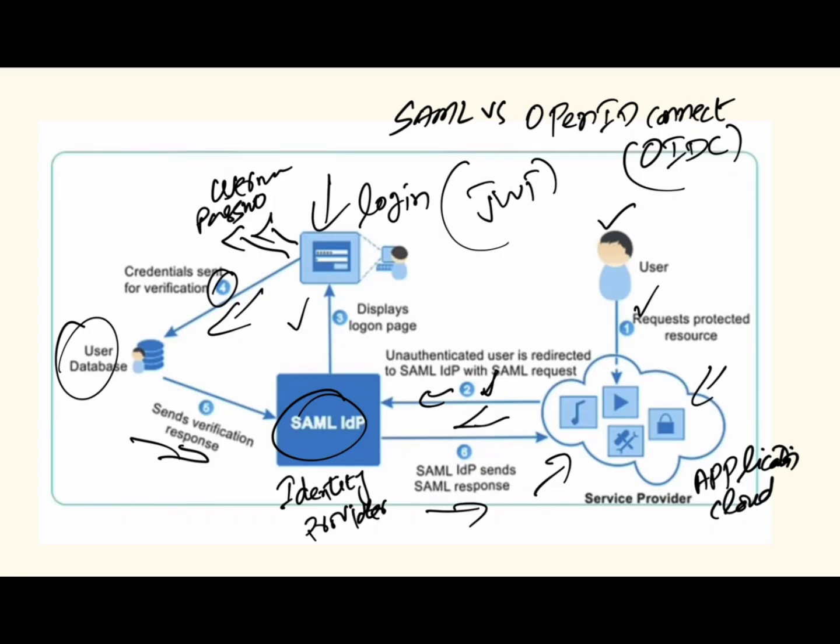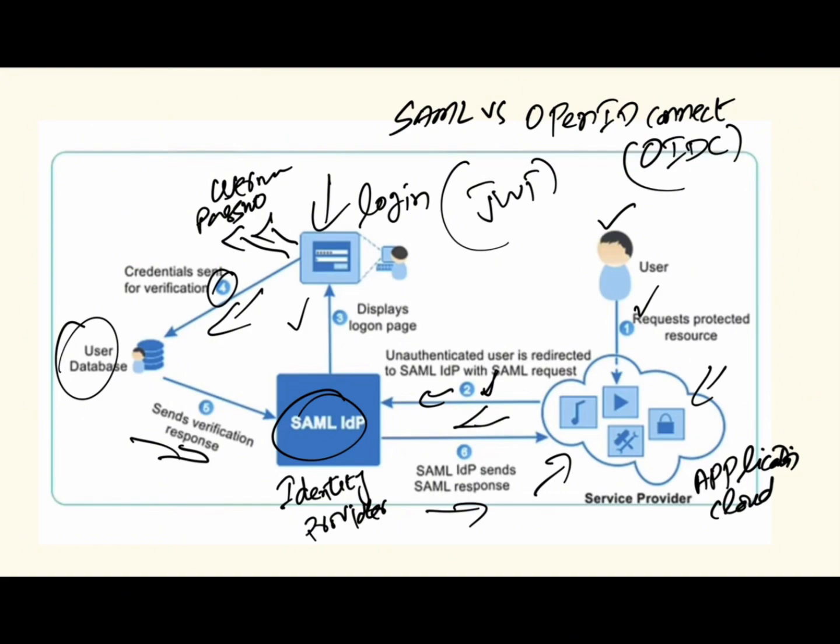So now let's quickly compare. SAML is for authentication and single sign-on, and OpenID is also for authentication. SAML is built on standalone, and OpenID is built on OAuth. The token type is a SAML assertion for SAML, and for OpenID it is a JWT. The data format for SAML is XML, and for OpenID it is JSON.